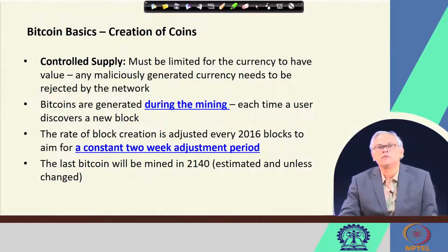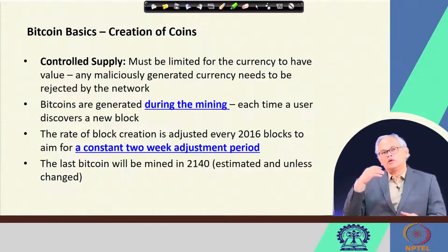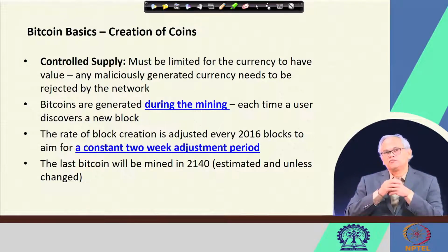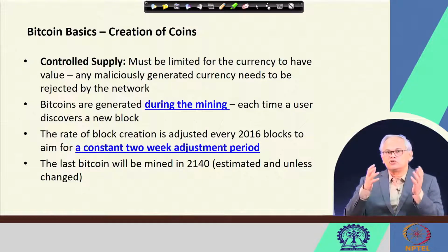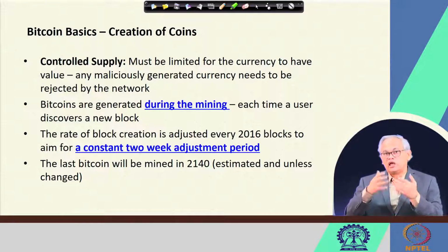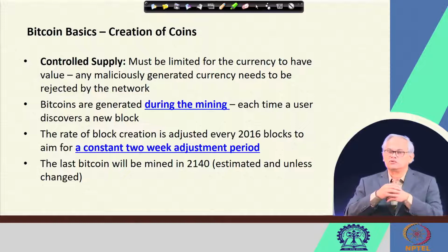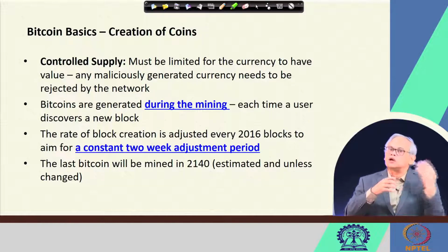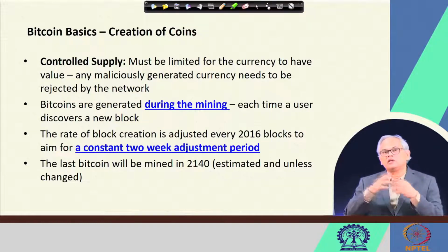So, that means that every time a new block is created, it is typically assumed that it will take roughly about 10 minutes on average to mine a new block in Bitcoin. That was something set by Satoshi at that time, and the amount of computational power you have today is completely different.